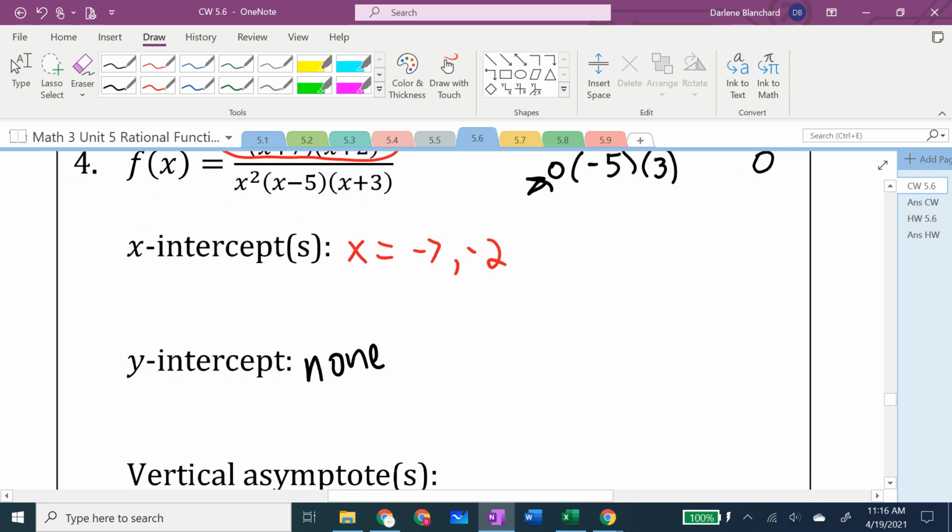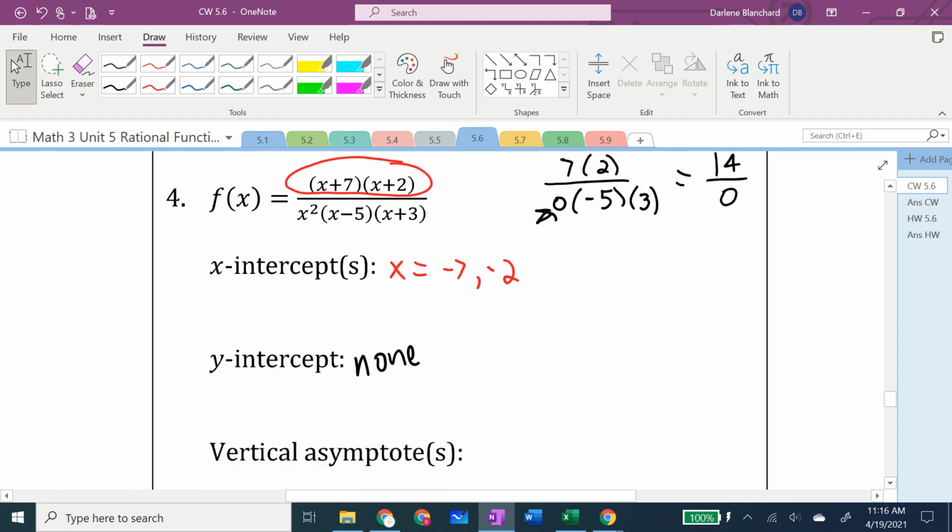Now, vertical asymptotes are what makes the denominator equal to 0, and one of those is 0. If you have a vertical asymptote x equals 0, you're not going to have a y-intercept, not with a rational function. Then the other factors are 5 makes the bottom 0 and -3 makes the bottom 0.